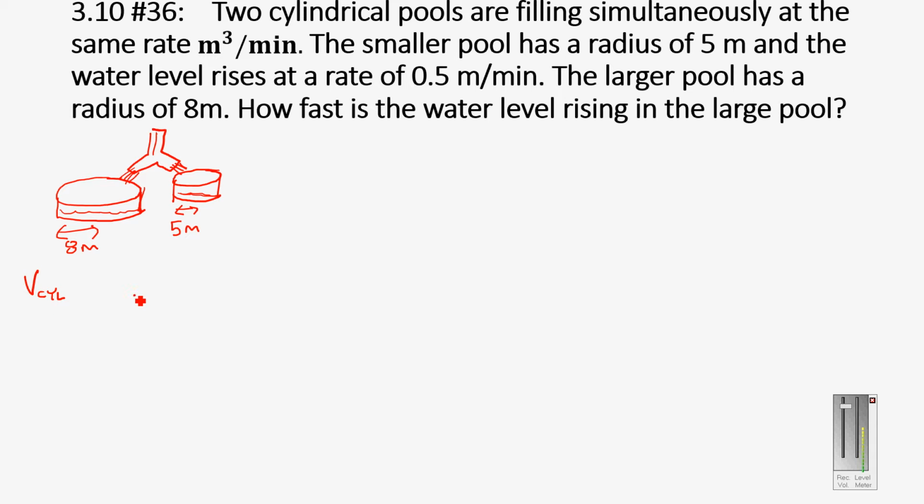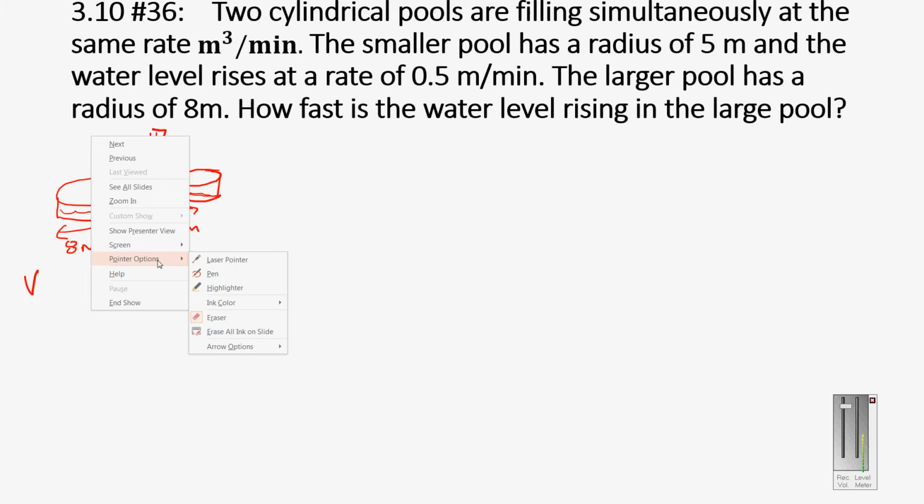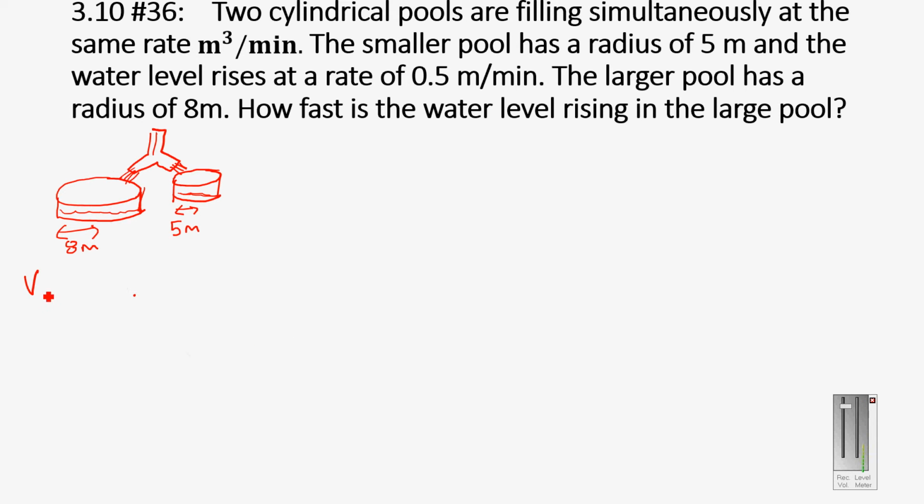And you know what? I'm going to take that back. I'm going to say the volume of the smaller pool, because we've got more information for the smaller pool. So I'm going to say the volume of the small is again equal, I got to look at the front again here, it's pi r squared h.